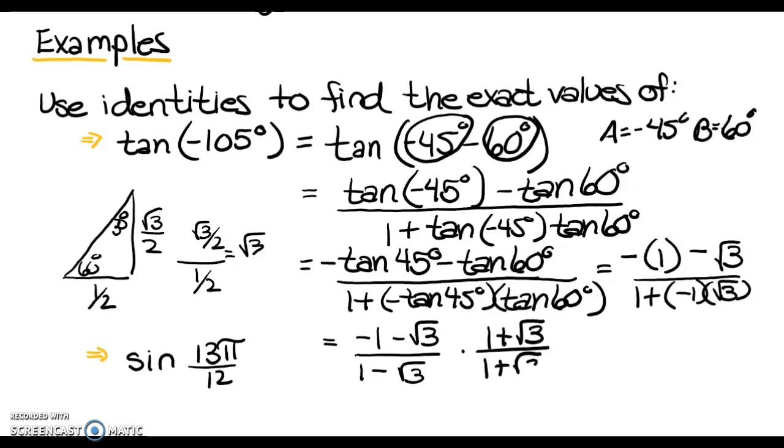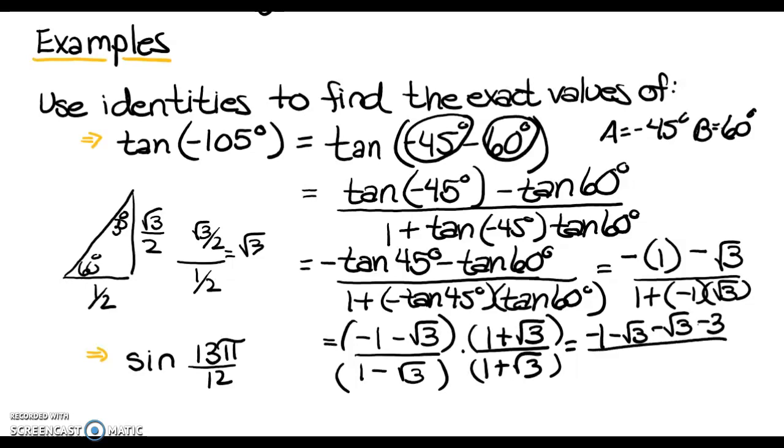Multiplying that out, I get negative 1 minus radical 3 minus radical 3, not a plus, minus 3, over 1 minus 3.